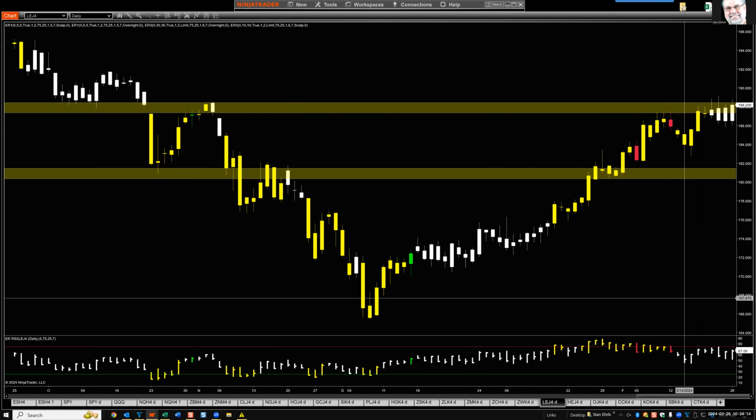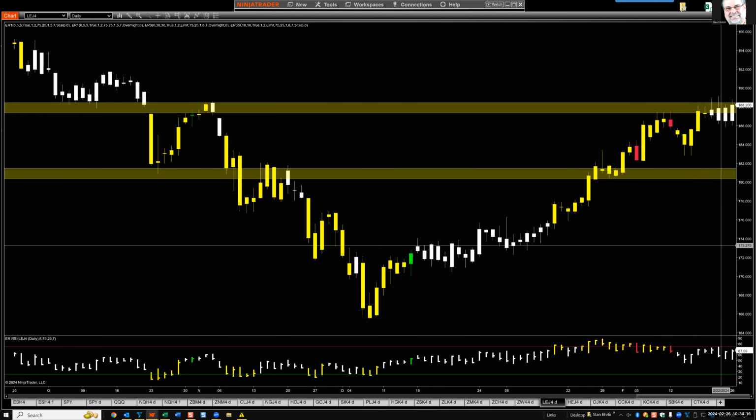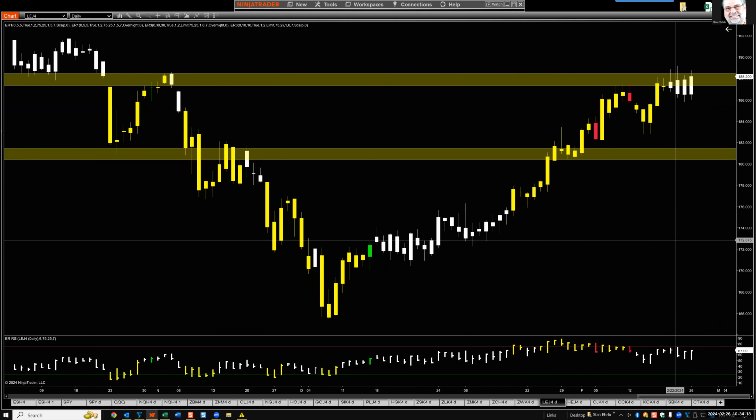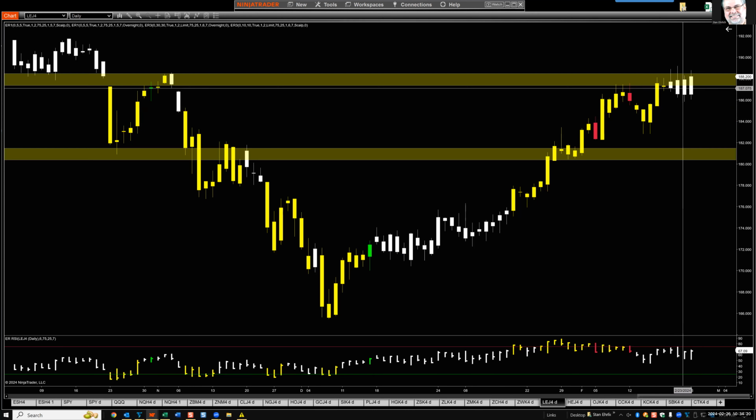Next chart. Cattle. Not much to say here. At resistance, 1 today, 2, 3, 4, 5, 6 days in a row now, including a few days earlier than that, we have been unable to get above the resistance area and stay above it on a closing basis.